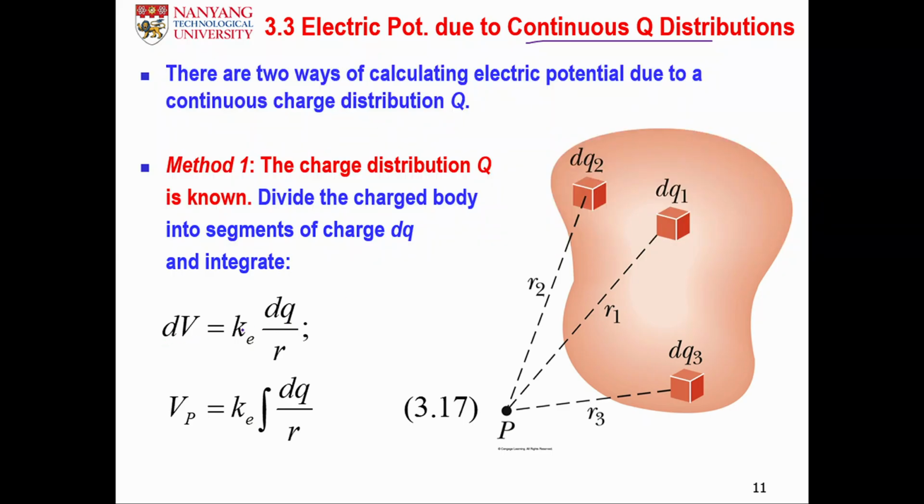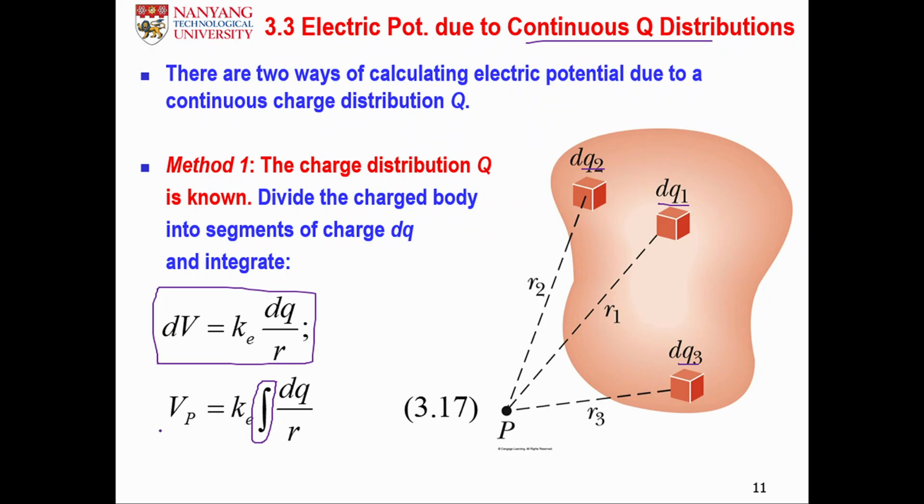Similar idea for this V. We have this one to be valid only for a single point charge. And now if this entire charge is not a single point charge, what we can do is to create this dq1, dq2, dq3 all the way, and we do the integration.